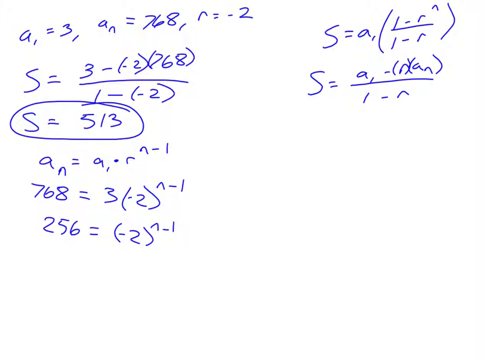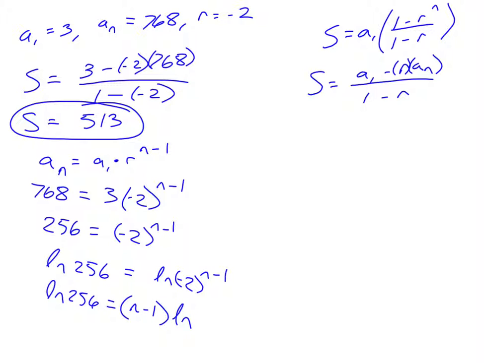So at this point, we want to take the natural log of both sides. Once I do that, the n minus 1 can move to the front. So I get the natural log of 256 equals n minus 1 times the natural log of -2.